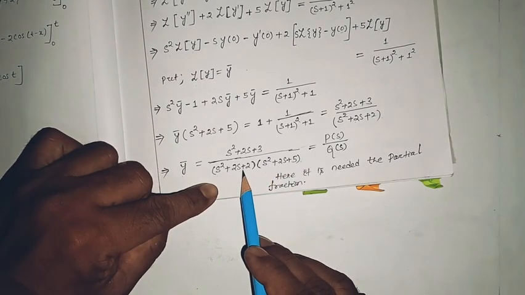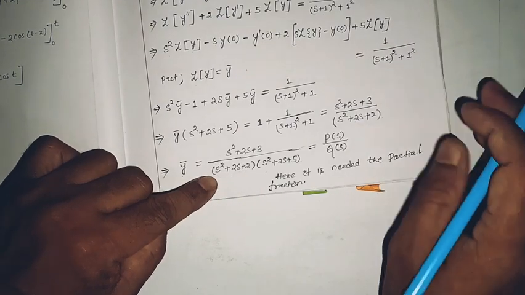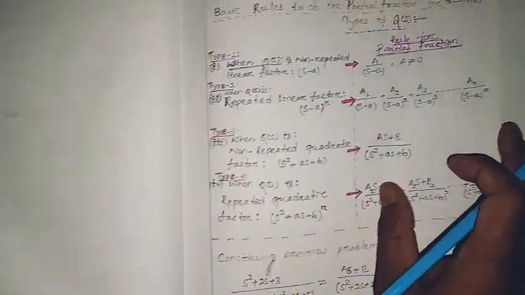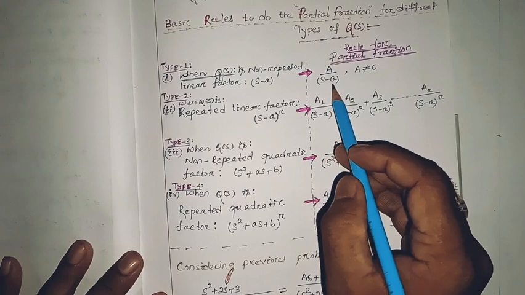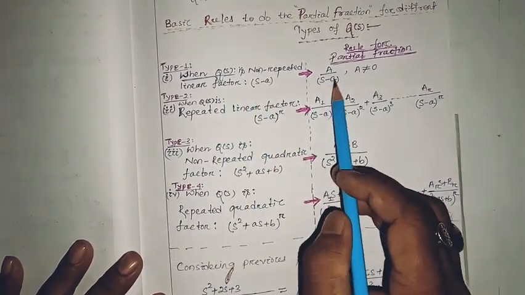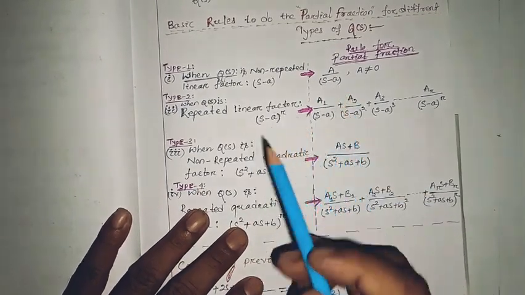If a linear factor is there, it means there is no quadratic factor. Suppose s+2 is there, then that can be written simply as A/(s-a). If s-a is the Q(s), then that will be written simply as A/(s-a).